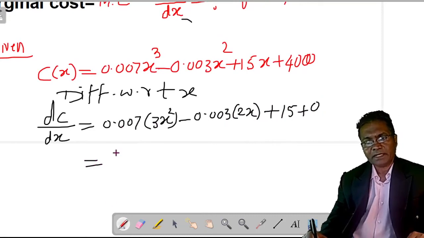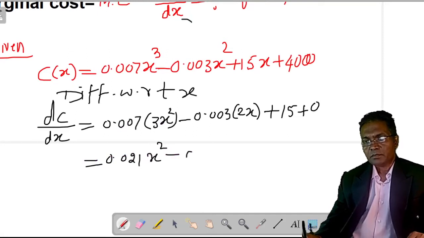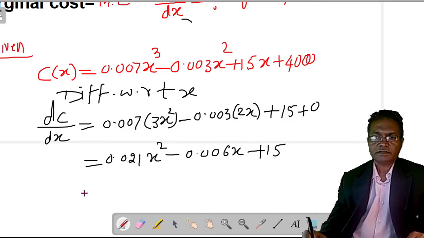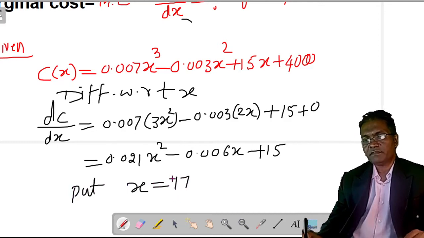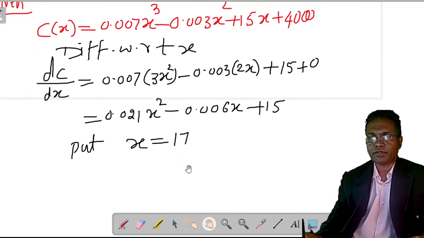You can multiply this: 0.021 x square minus 0.006x plus 15.